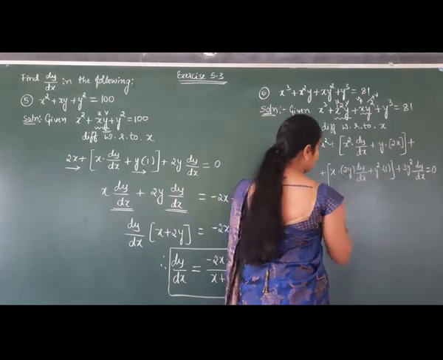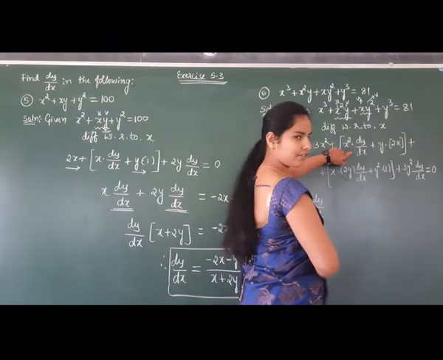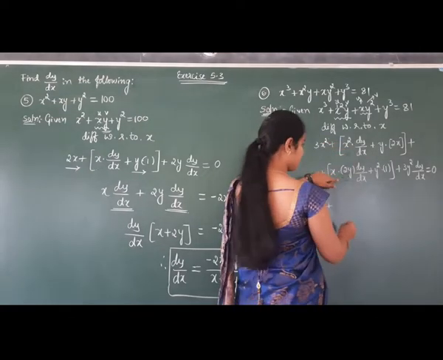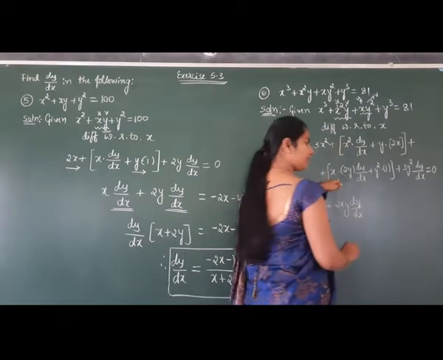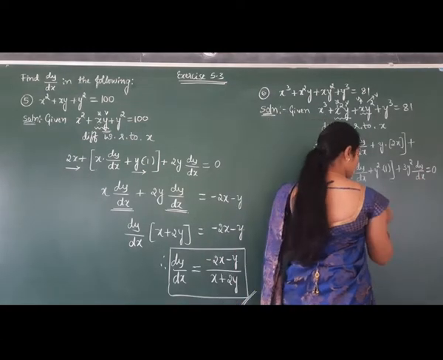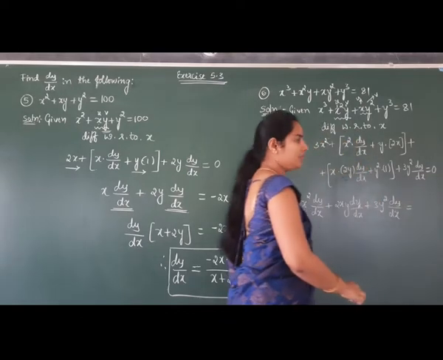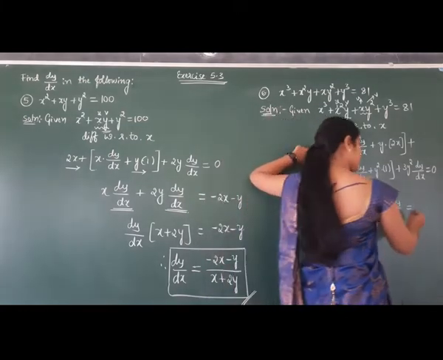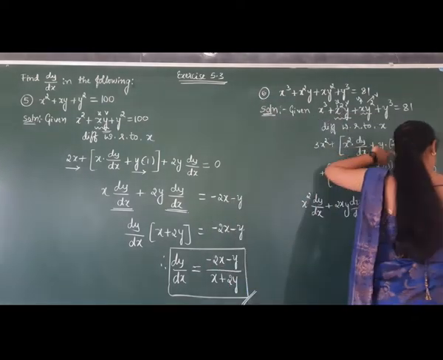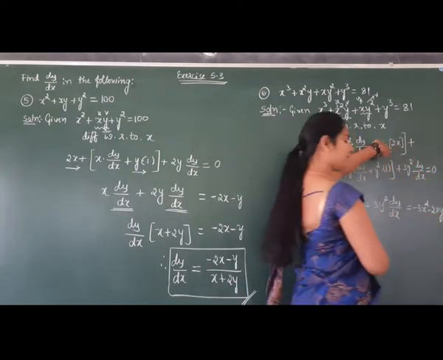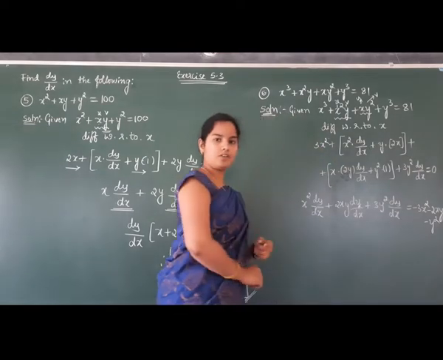So now we have x square into dy by dx plus 2xy into dy by dx plus 3y square into dy by dx is equal to minus 3x square minus 2xy minus y square.